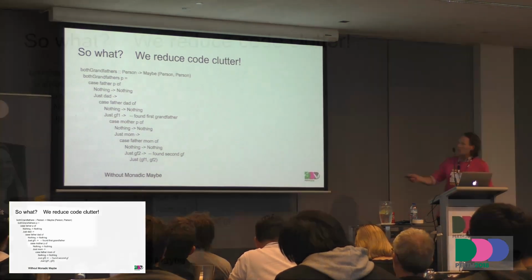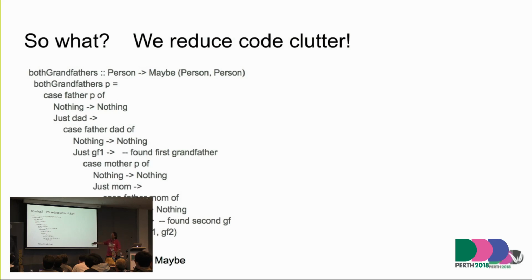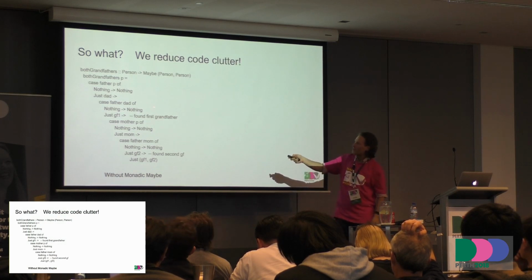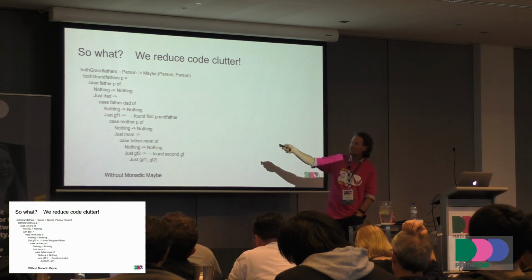Well, here's an example, processing some code to find grandparents in a family tree. If I want to find both grandfathers of someone, then you have to walk up the family tree, and maybe our family tree isn't complete. We don't know who the grandfather of her is or he is and so forth. So we have to make sure that our program handles missing persons.